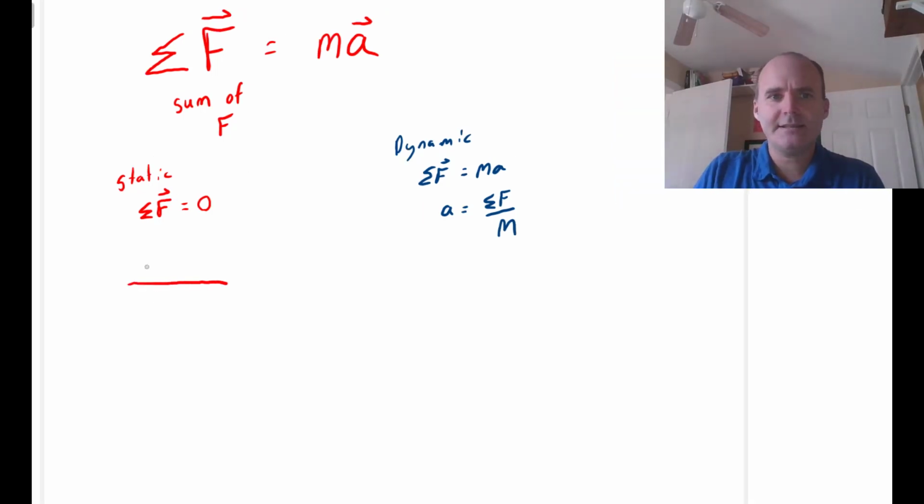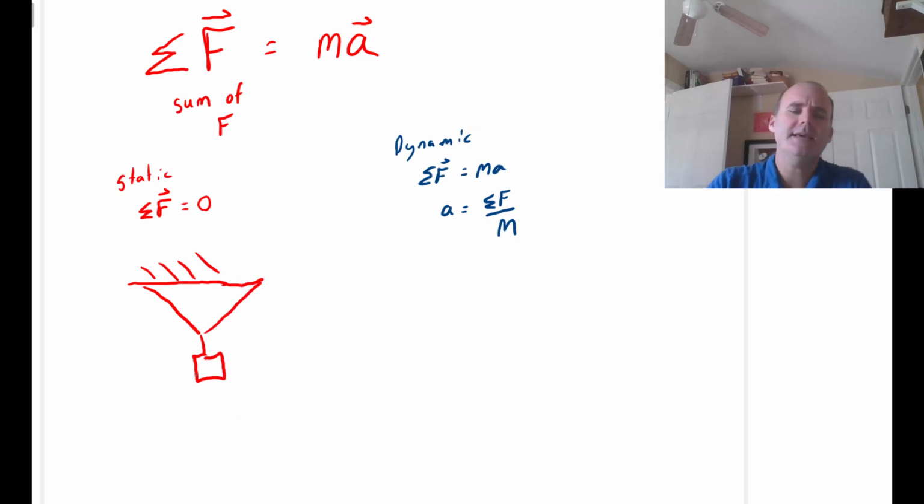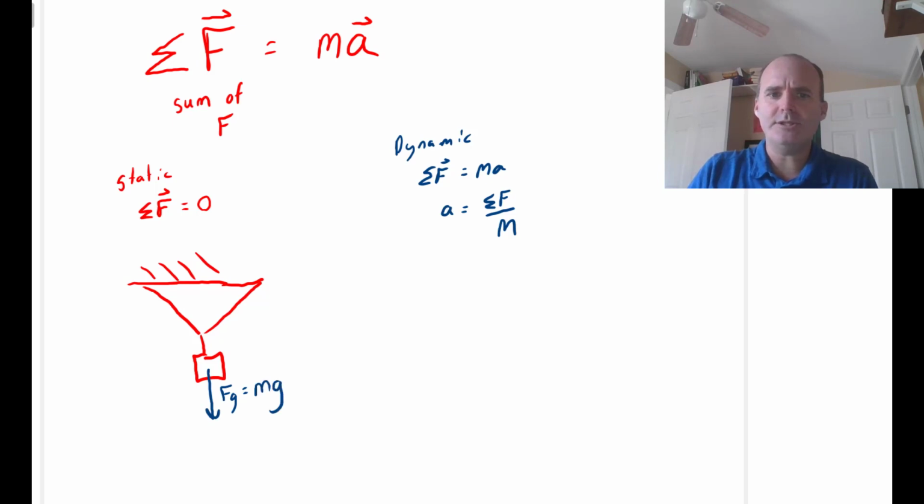For statics, a lot of times we have something that looks like this. We'll have something that's hanging, and it will have a force on it. We're going to talk about that force of gravity, which is equal to mg.